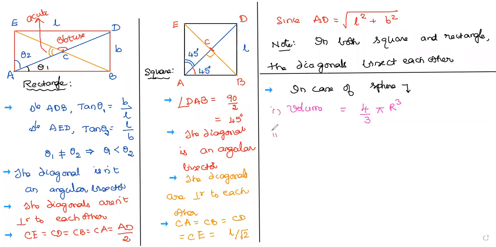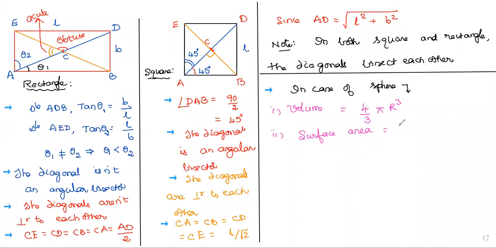And here the second one I am asking, I don't know whether you remembered it from your lower standards or not. What will be the surface area of a sphere? Wow, nice.